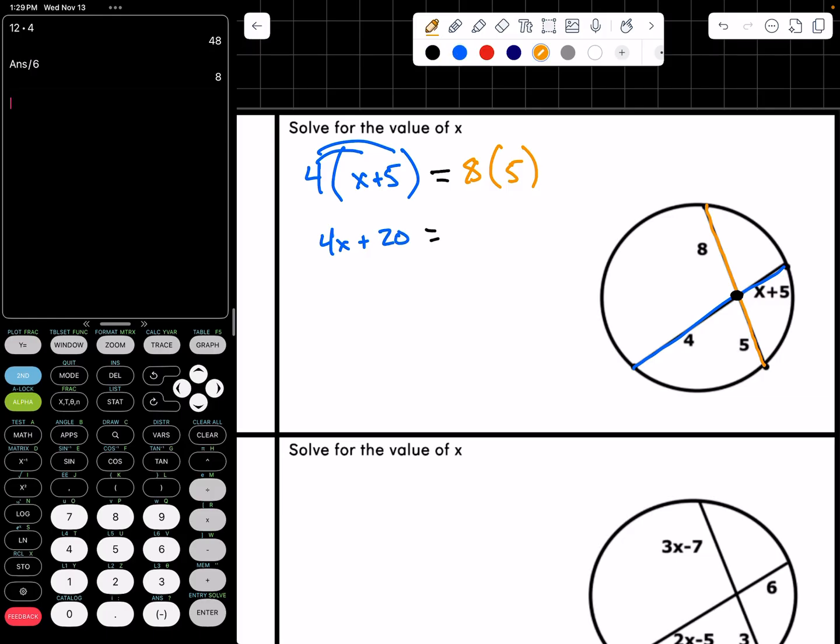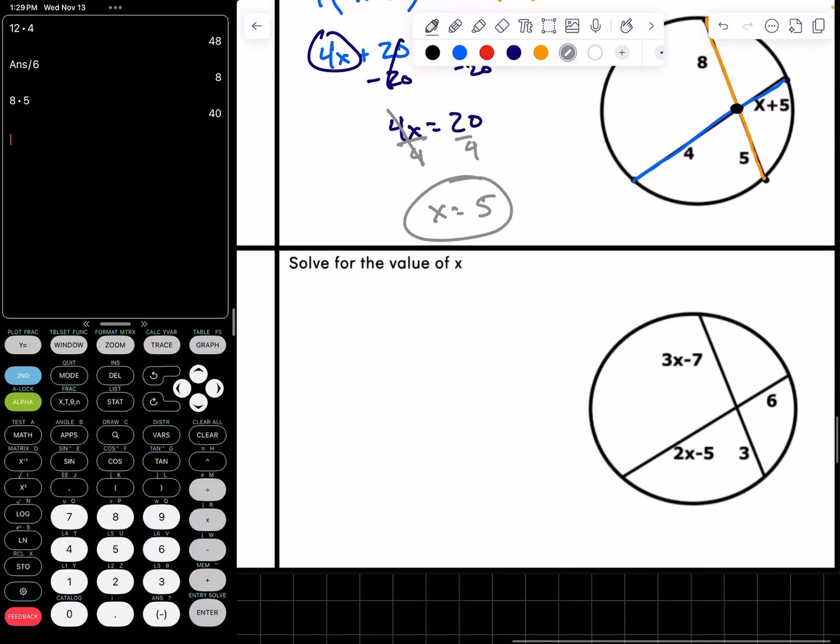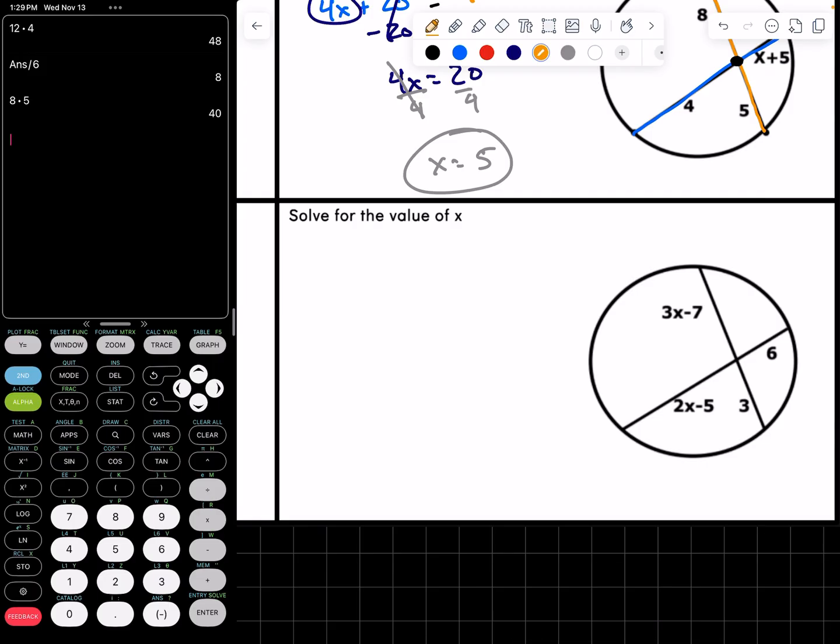That's going to equal 8 times 5 is 40. Now I'm just going to solve this down. Minus 20 from both sides because I'm trying to isolate my 4x. 4x equals 20. And then divide both sides by 4. X equals 5.